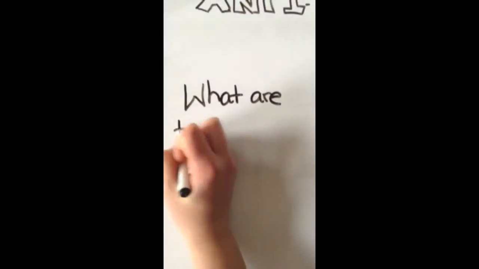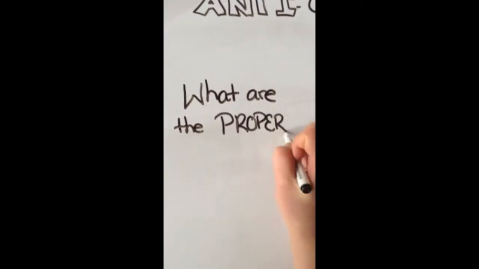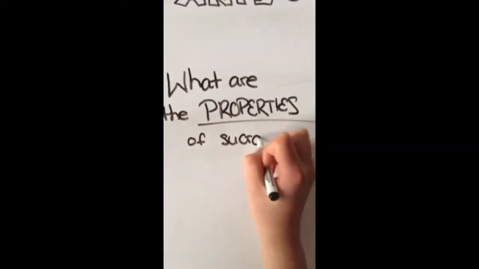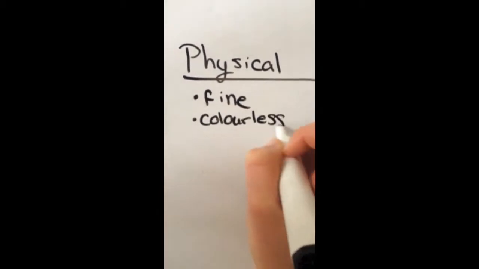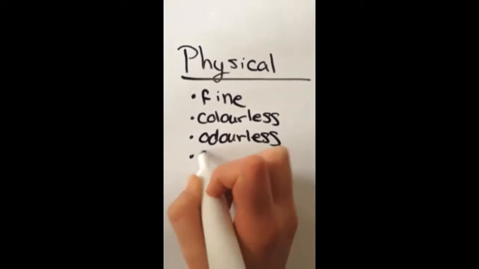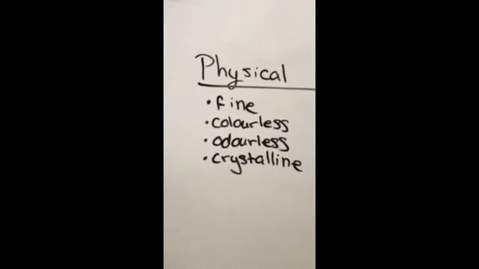What are the properties of sucrose? Physical properties of sucrose. Sucrose is a fine, colorless, odorless, crystalline solid at room temperature.